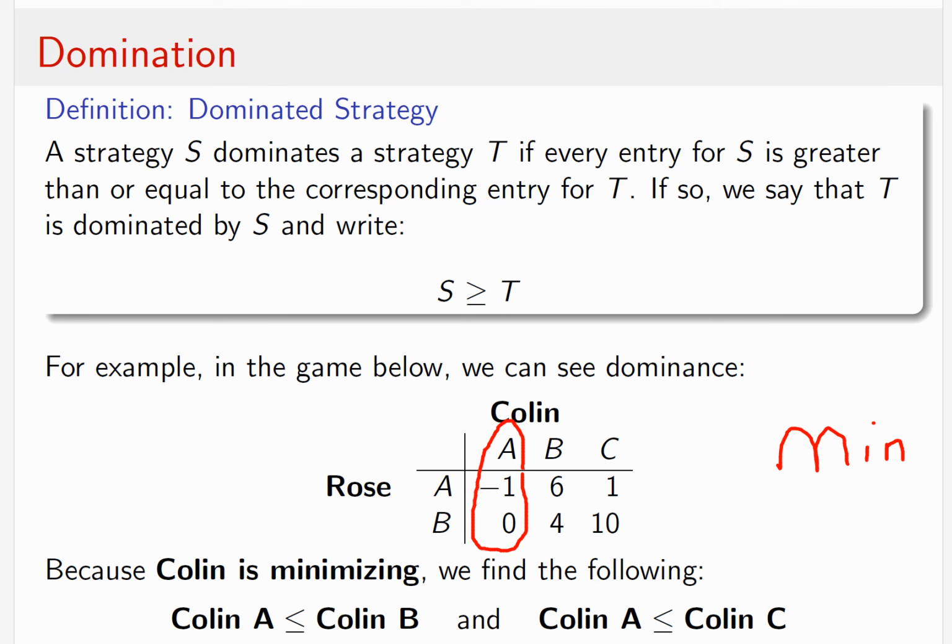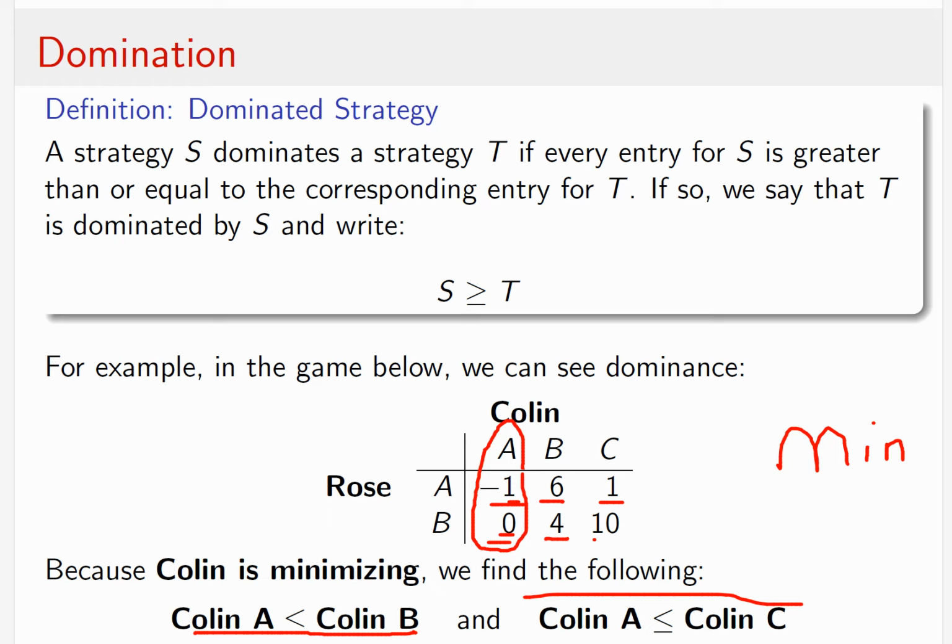Oh, and let's notice that -1 is less than 6. 0 is less than 4. So we know that Colin A dominates Colin B. And oh, -1 is less than +1, and 0 is less than 10. So we see that column A is also dominating column C. So column A is the best of the three.